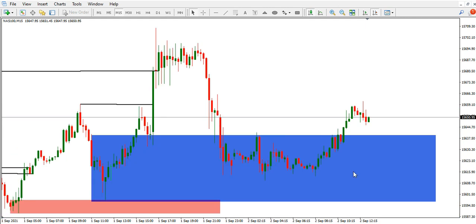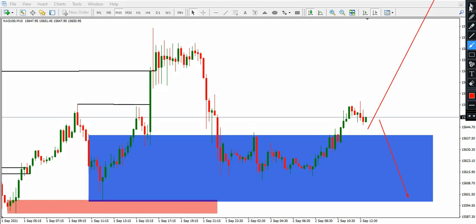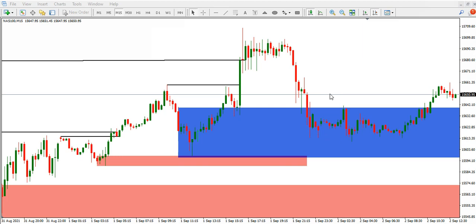So what then happens after this? What then do we have now? Let's see. Since our current price action is here, is NASDAQ going up or going down from here? That we do not know yet, so we have to check.